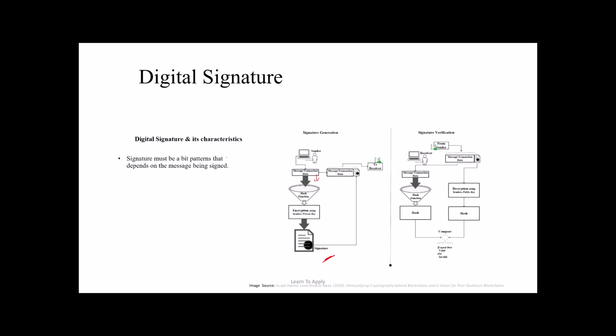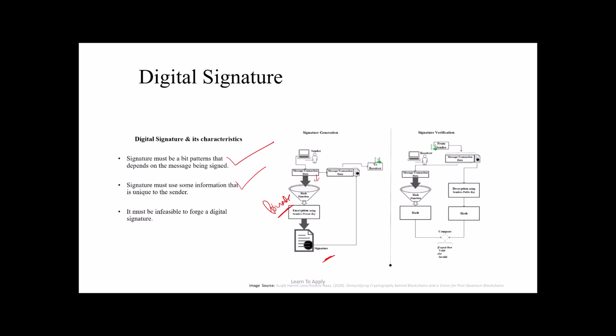So this property is satisfied. The other property is that the signature must use some information unique to the sender. In this example of signature generation, we use the private key of the sender, which is unique to the sender. So this claim is also satisfied.